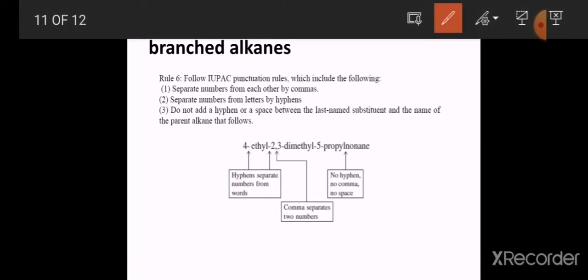Rule number 6. Okay, so ito yung paano natin isusulat. If you have 2 numbers, you have to separate each number using a comma. Parang ganito. 2, 3.